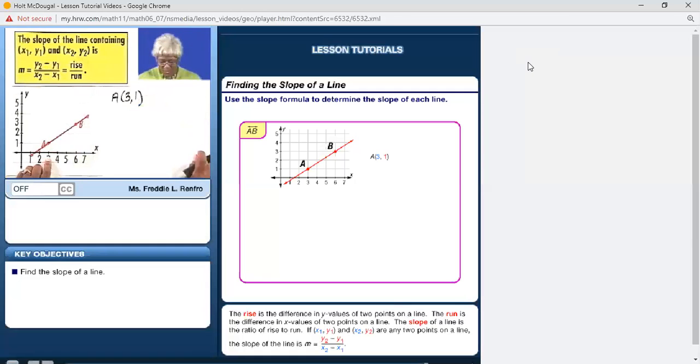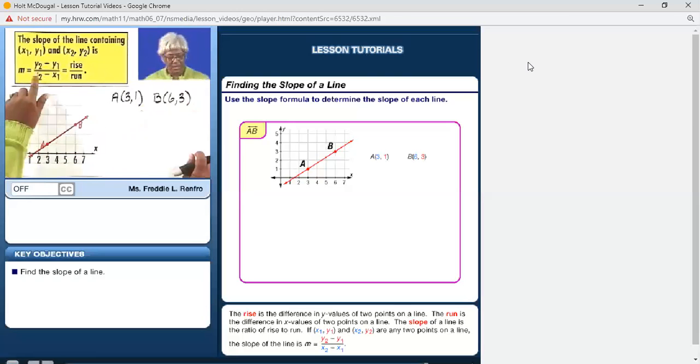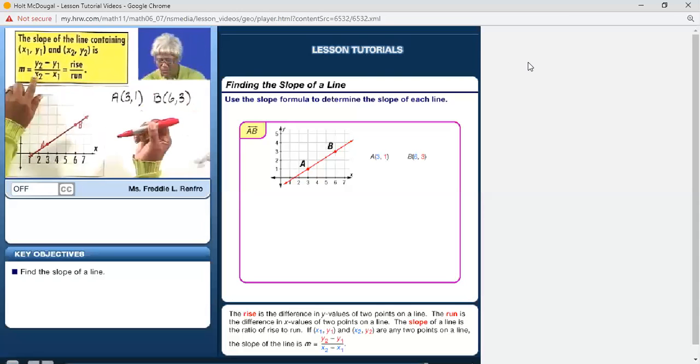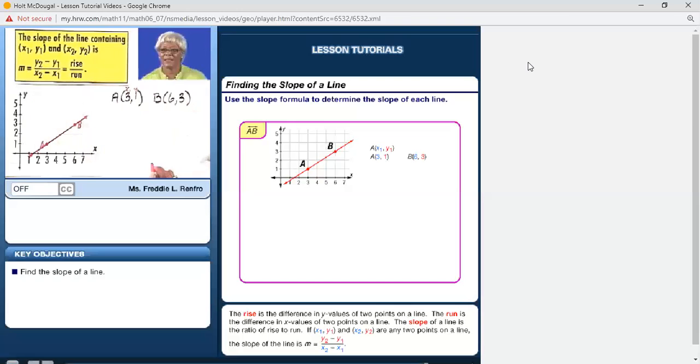And the coordinates of point B, 6, 3. Using this slope formula, y2 minus y1, you know what I want to do now? I want to first indicate which is x1. Let's call this x1, y1. And let's call the second ordered pair x2, y2.